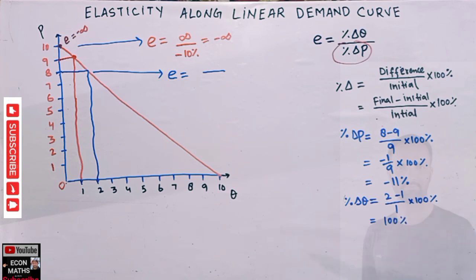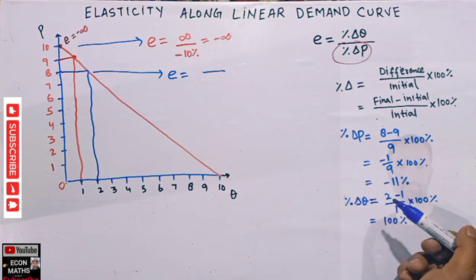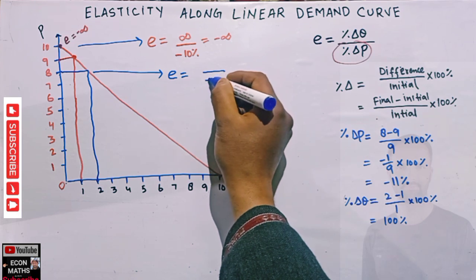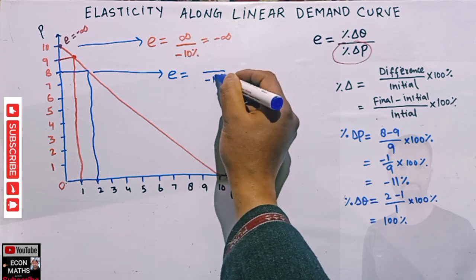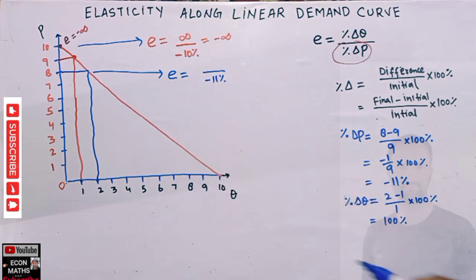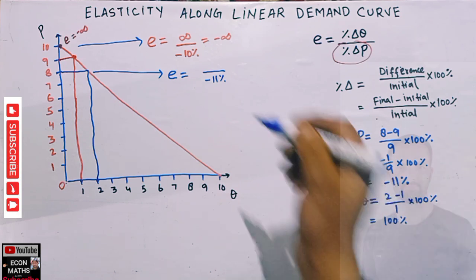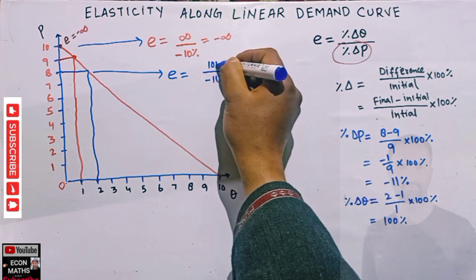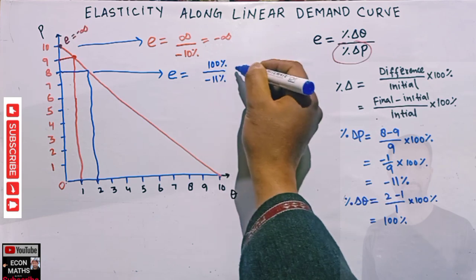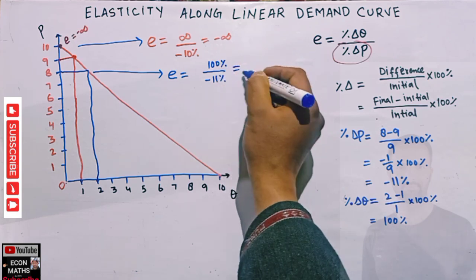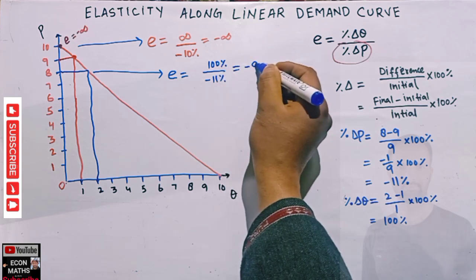So when price decreases by 11%, we have minus 11%, quantity demanded increases by 100%. When we divide these two numbers we will get minus 9.